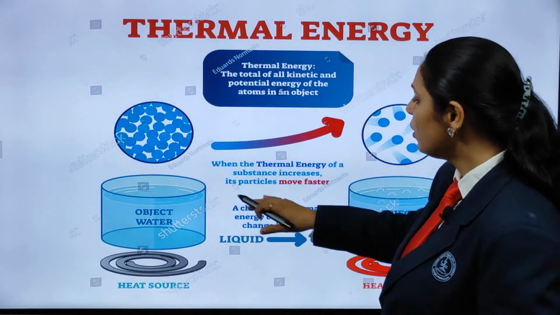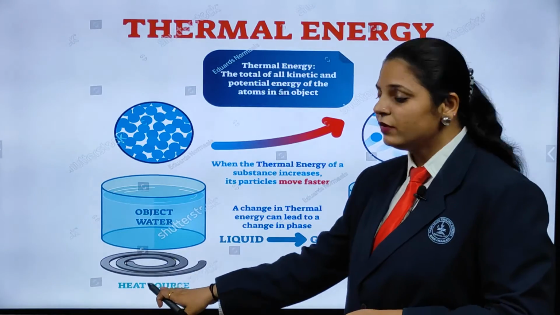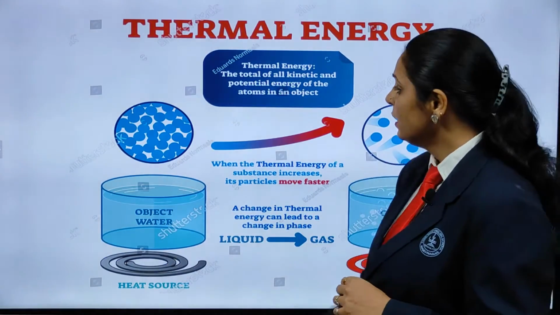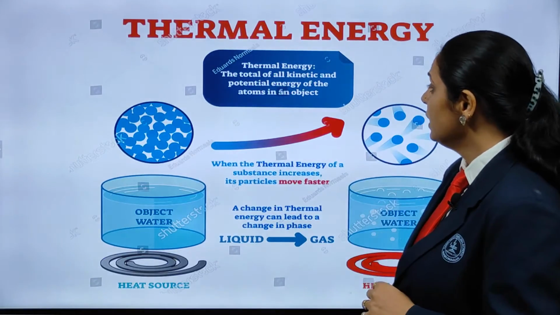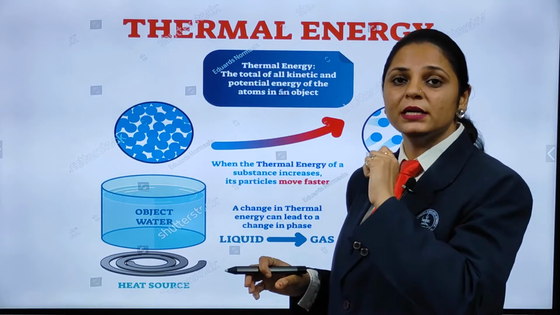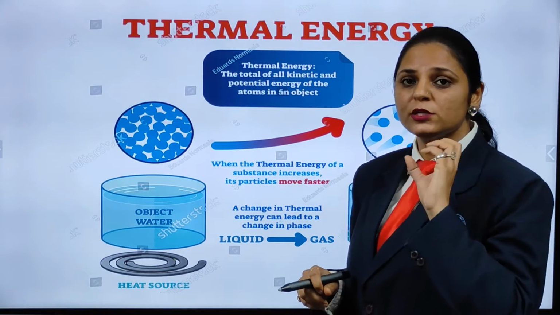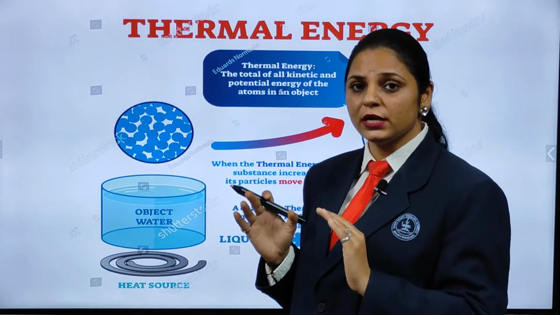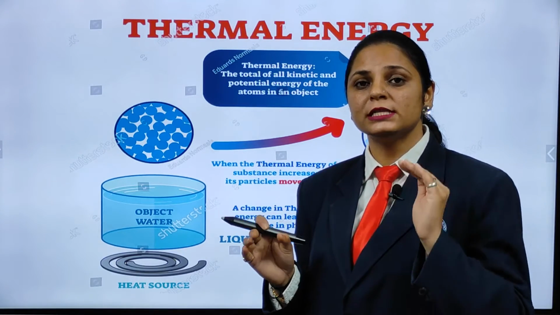This is how it works, for example, when the heat source is given to the water. Here the thermal energy constitutes potential plus kinetic energy. We need to understand what potential and kinetic energy are. Every object or matter in the surroundings possesses energy.